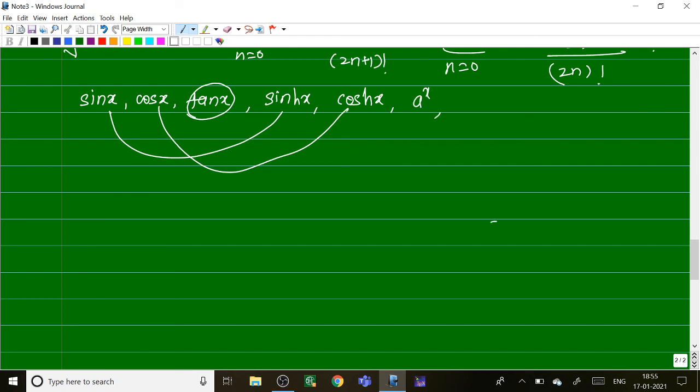Then look at a raised to x, then 1 divided by 1 plus x, then 1 divided by 1 minus x, and try to write the Maclaurin series of all standard functions. That will give you an idea of the patterns which are coming in the series.